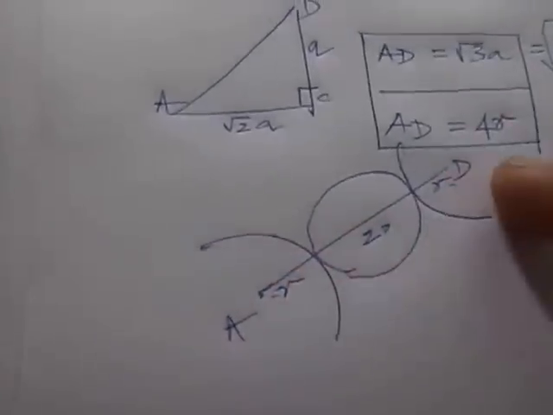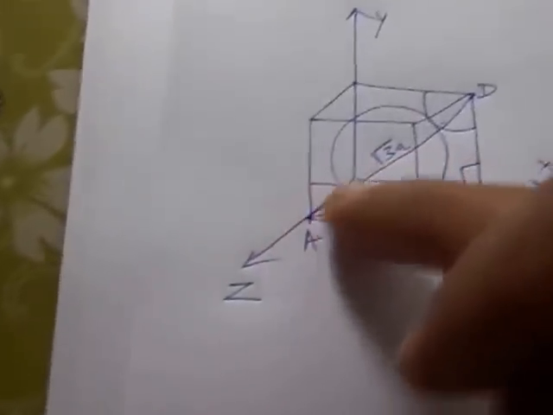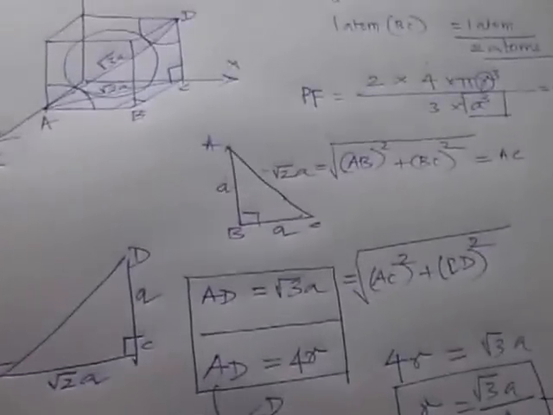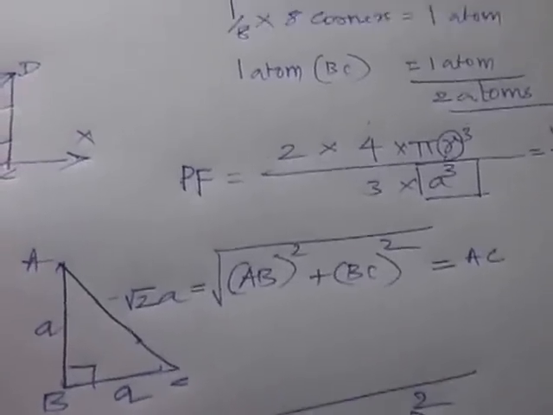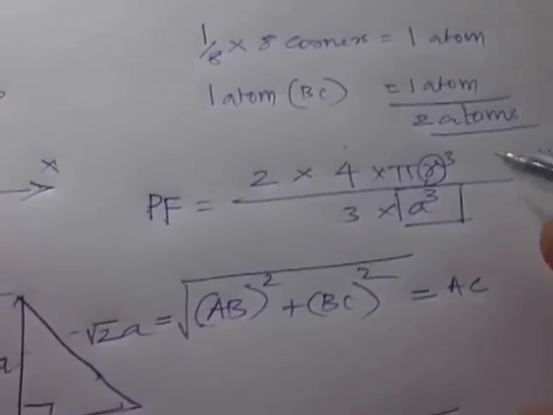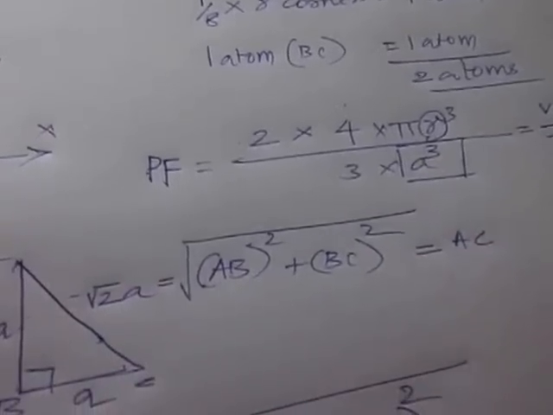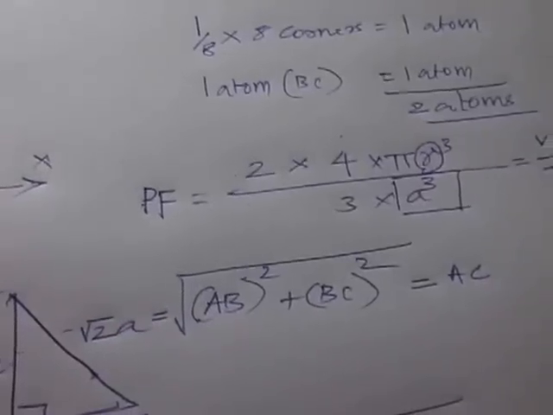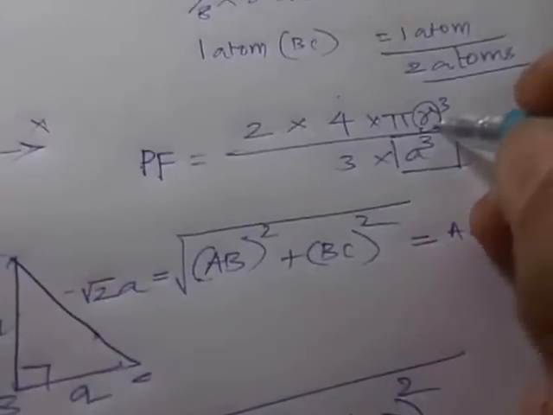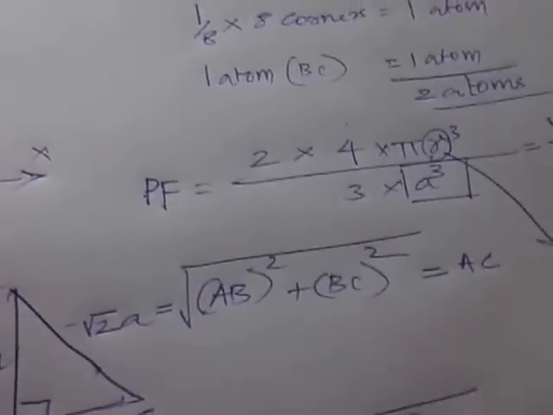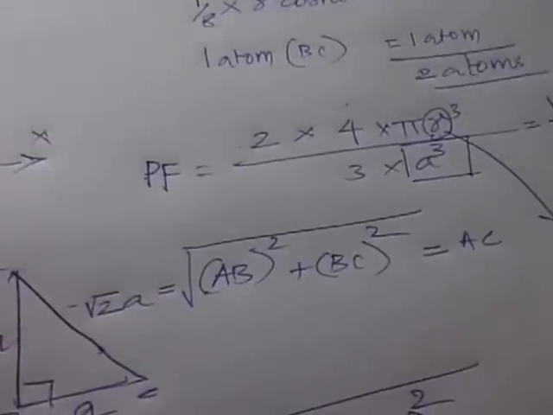AD we have calculated, that is also shown in this figure. Packing fraction substitution: instead of R, we are about to substitute root 3a by 4. R is to be substituted with root 3 into a by 4.